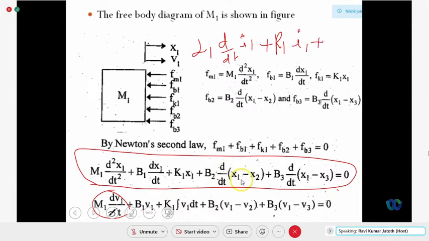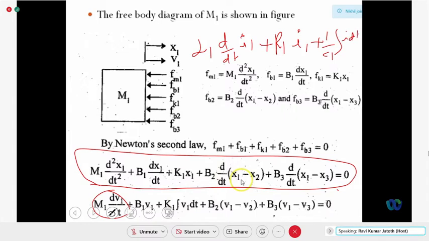Right. The next term K1 is written as 1 by C1. And integral of V1 dt is written as charge Q, but equivalent: integral I dt.